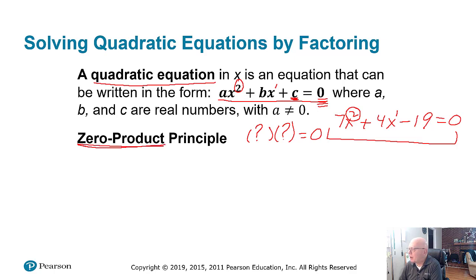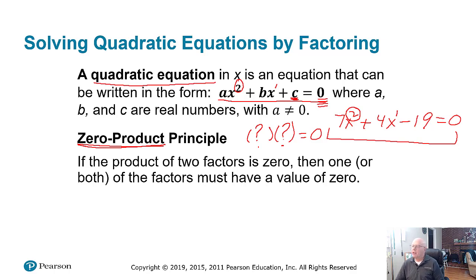If I multiply 2 mystery numbers together, get 0, what we do know is one of those mystery numbers is 0. We don't know if it's this one. We don't know if it's this one. But one of those is 0. And if one of those is 0, we can set this equal to 0, this equal to 0. One of those at least will have to be a solution to that quadratic equation.